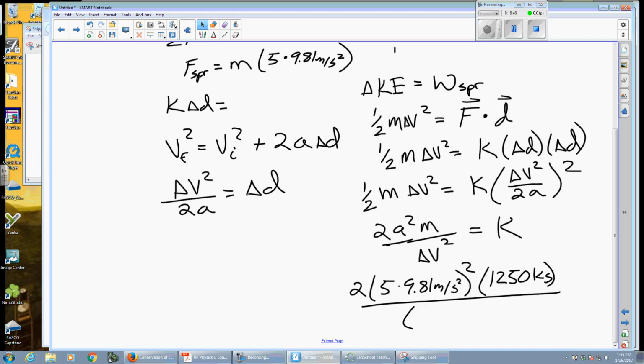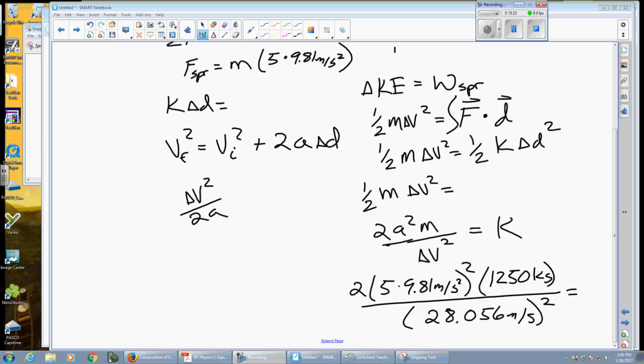So I get 20, that 101 kilometers an hour for me is 28.056 meters per second. Fingers crossed. Because K is not constant. That's the screw up I did.